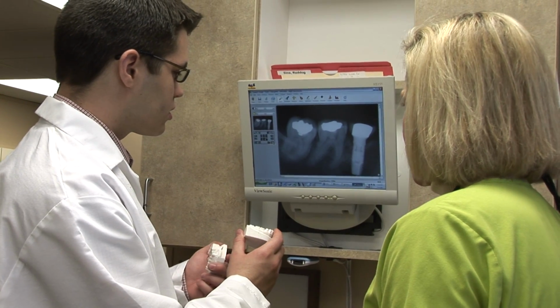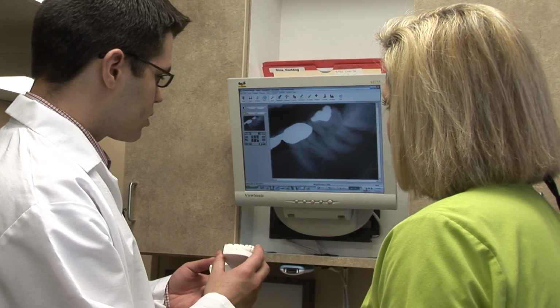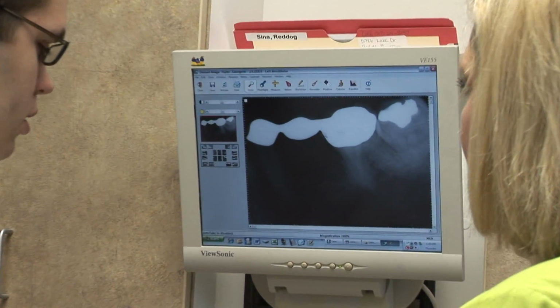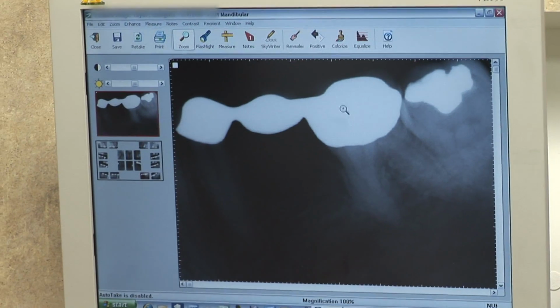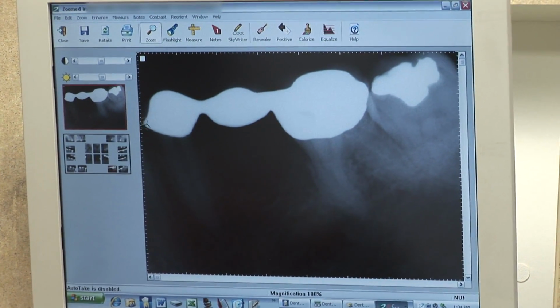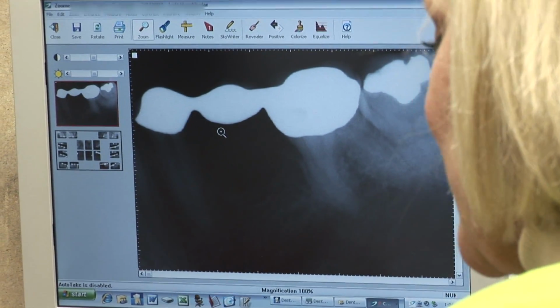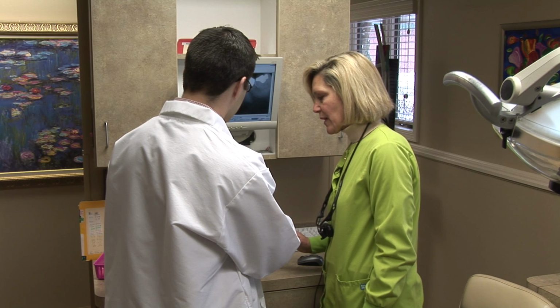Let's see if there's anything else distinctive. Oh, look on this side. See, she's missing the same tooth on the other side, and this was done in a different way. This is called a bridge. There was a crown, a covering on this tooth, a covering on this tooth, and it's attached to a false tooth. See if you can find exactly opposite that, where that bridge would be.